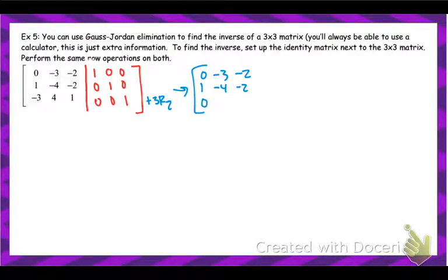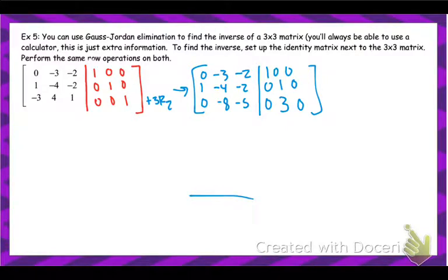So 4 minus 12 is negative 8. 1 minus 6 is negative 5. I'm also going to apply that same operation to this side. So 0 plus 0 is still 0, 0 plus 3, and then 1 plus 0. And then we're just going to continue this same process until I have this in reduced row echelon form on the left side.